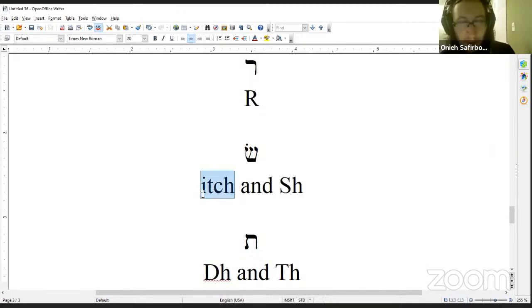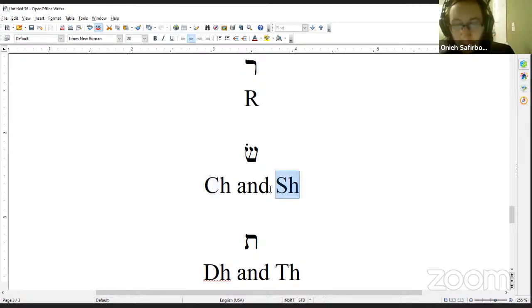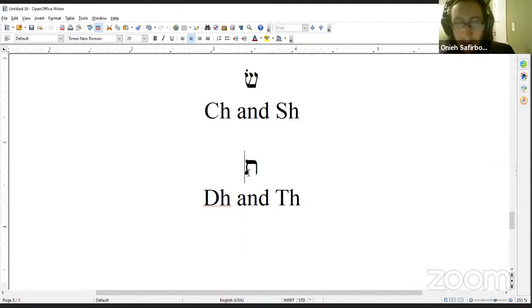So Shin has both a ch sound like in cheese and the sh as in shush. And again, the first one is at the beginning of a syllable, and the second one is at the end. And this is the letter Tav, and instead of a T sound, it has actually two distinct sounds.